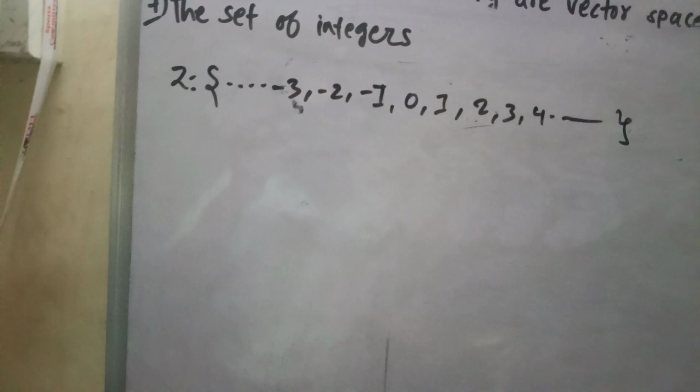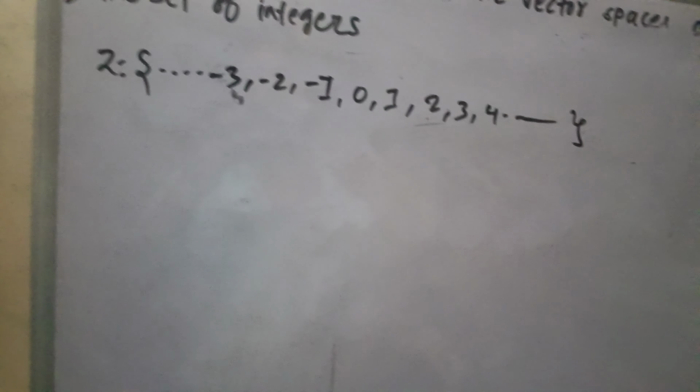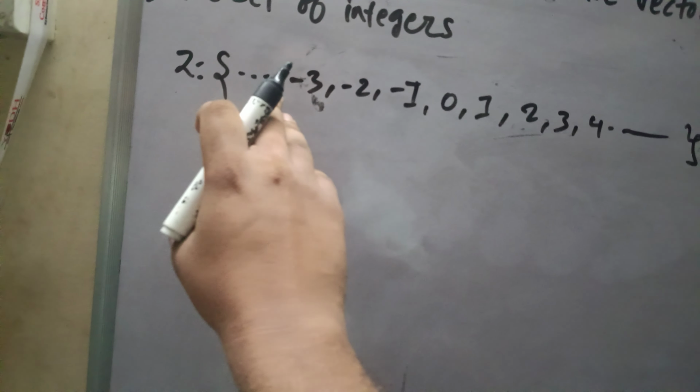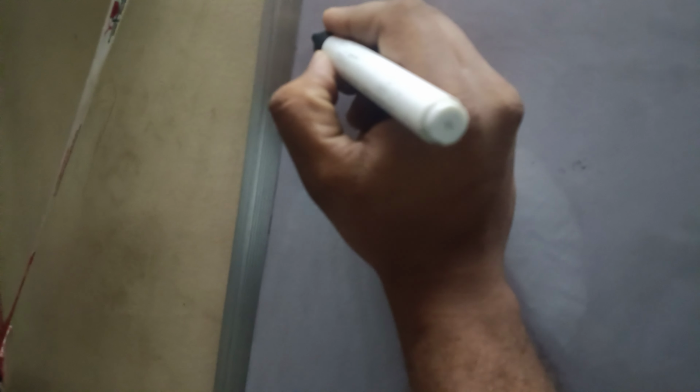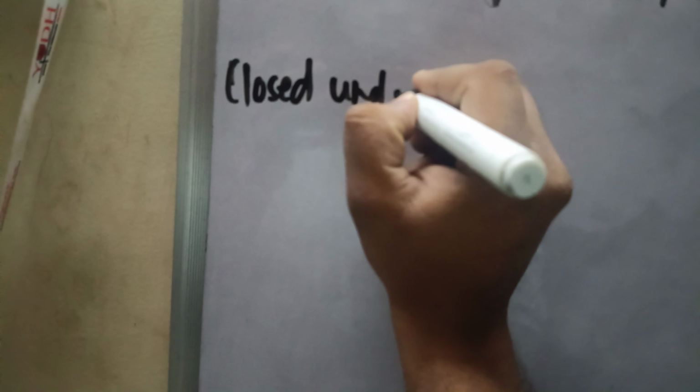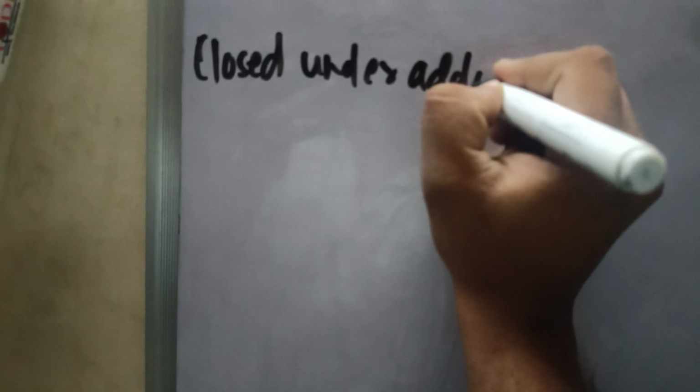For the final question of today's lecture, we have a set having the values of all the integers. For example, -3, -2, -1, 0, 1, 2, 3, 4 and so on. So first of all, let us check, is it closed under addition? Let us find out.